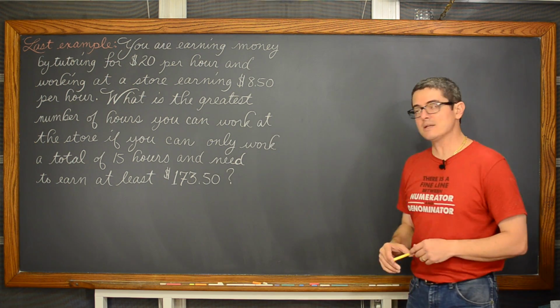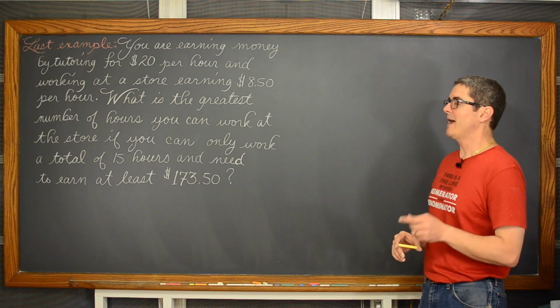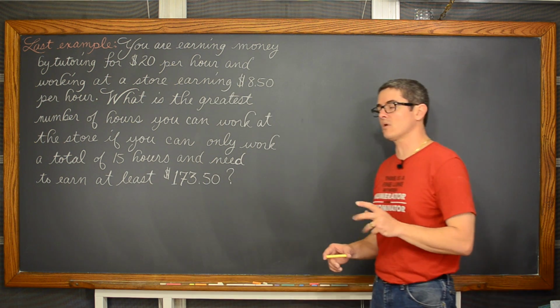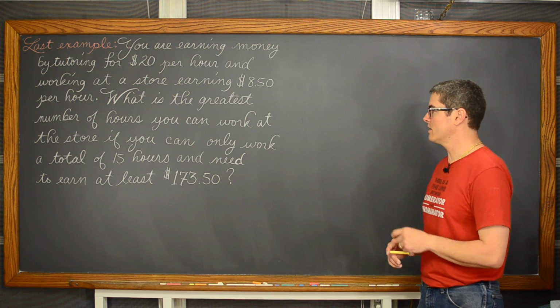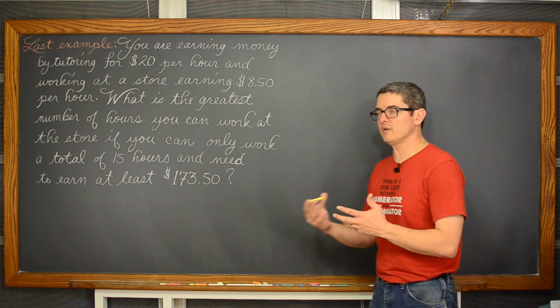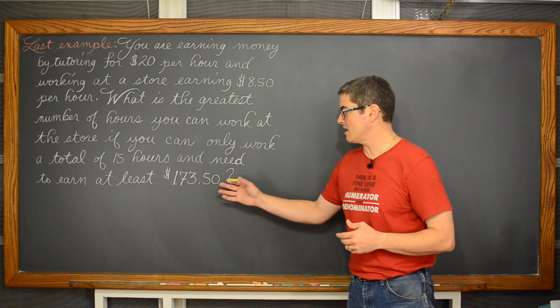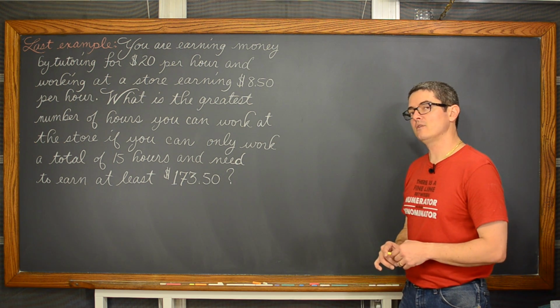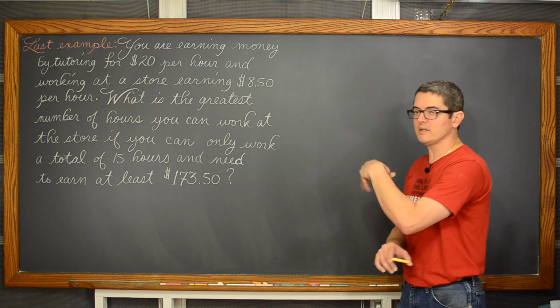So what is the greatest number of hours you can work at the store? We're definitely having to maintain some hours at the store. If you can only work a total of 15 hours, and within that 15 hours of working time you need to earn at least $173.50.